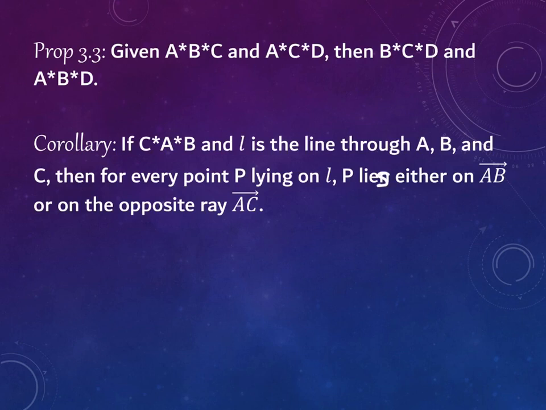We're going to explore a little bit more with this idea later on. But what this is sort of saying is there's no gaps. There's no holes in what we're talking about. So if I draw these in again, C, A, and B, and L is the line that contains all three of them.